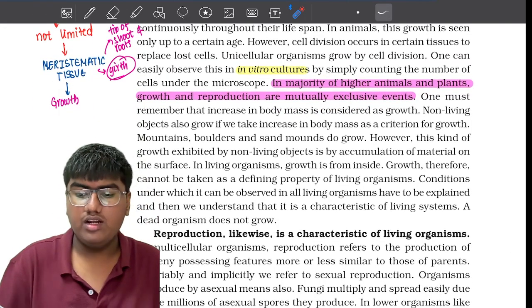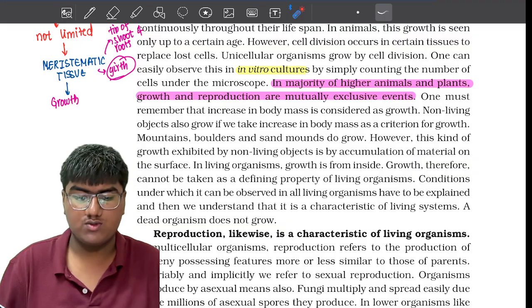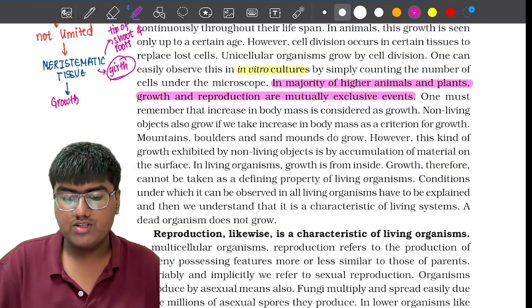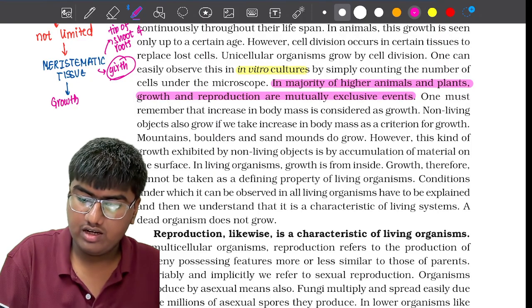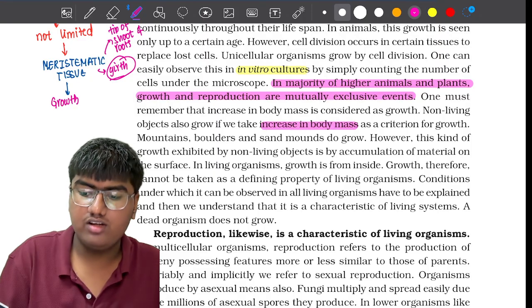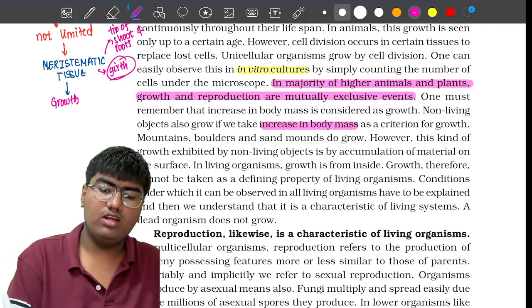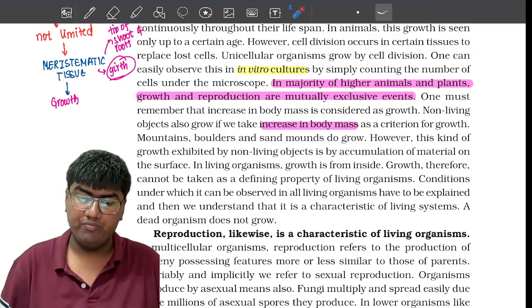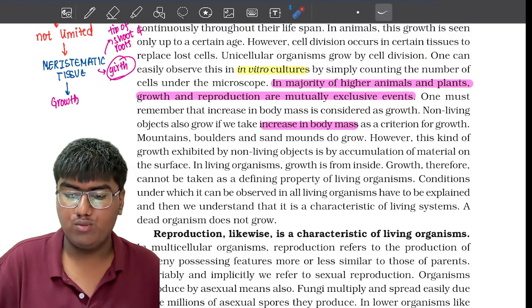One must remember that increase in body mass is considered as growth. Non-living objects also grow if we take increase in body mass as a criterion for growth. Mountains, boulders, and sand mounds do grow.